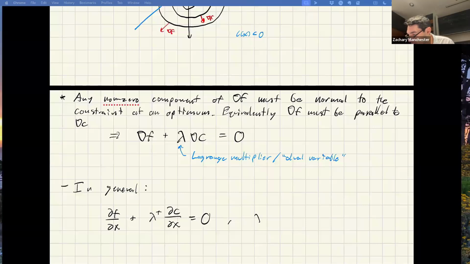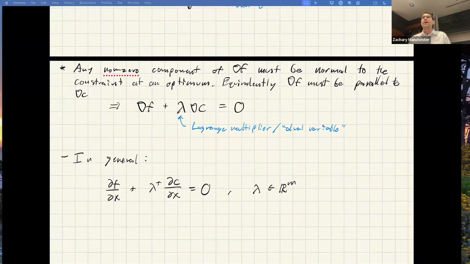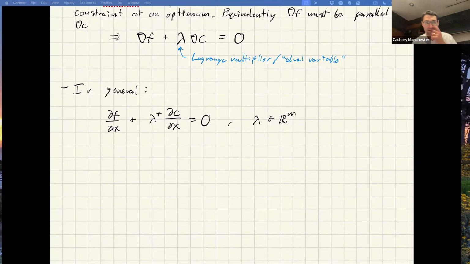And then lambda in that case would be in R^m, i.e. there's one lambda for each dimension of the output of C, right? Basically, if you have a bunch of scalar constraints and you stack them up in that C, there's a lambda for each one of those constraints. That's the way to think about it. That should be m. Okay, cool. So that's our first order necessary condition.